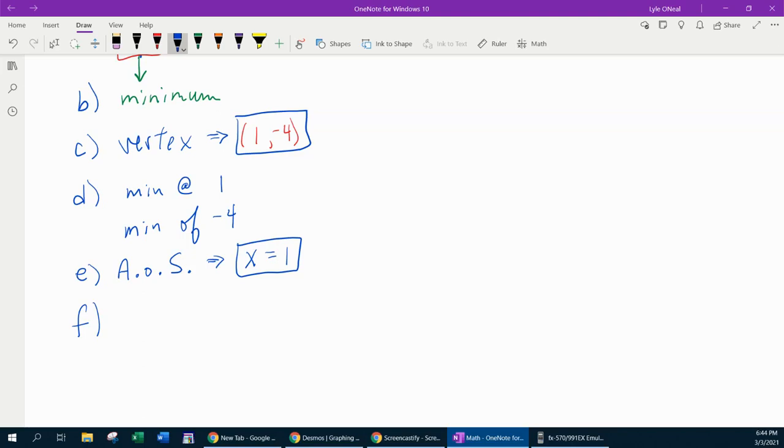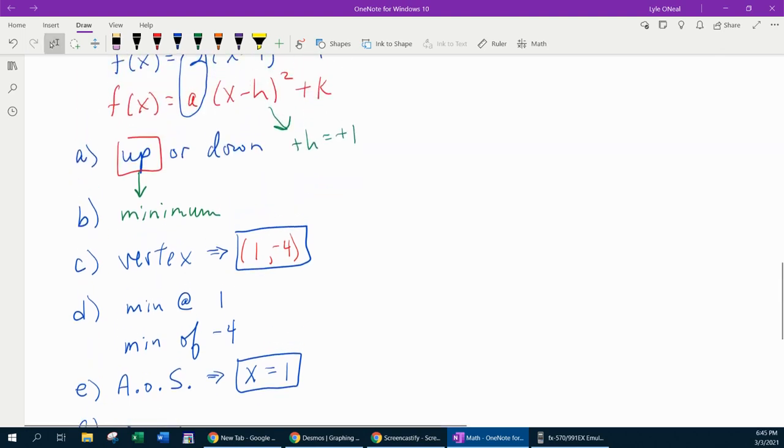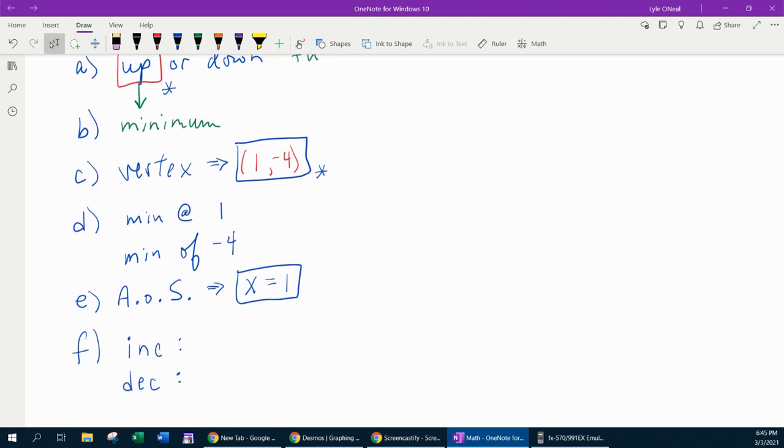Next, part F, we're going to determine the intervals on which the function is increasing and decreasing. And again, this is going to be super easy if you combine two pieces of information. The fact that the parabola opens up and the vertex. We're going to put those two pieces together. So the parabola opens up. So I'm going to sketch a quick little graph of that.